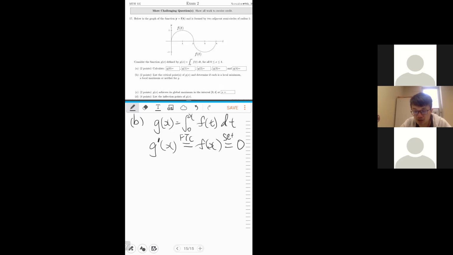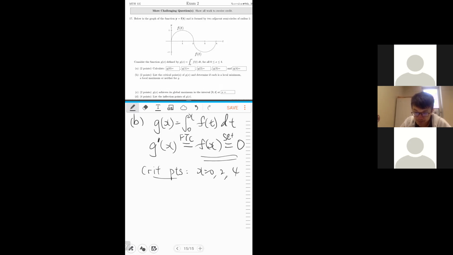Now, what are the points where f of x is 0? 2 and 4, and 0. So critical points: x equals 0, 2, and 4. Which one is the local max?